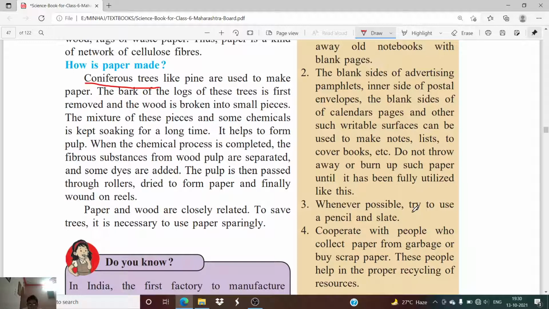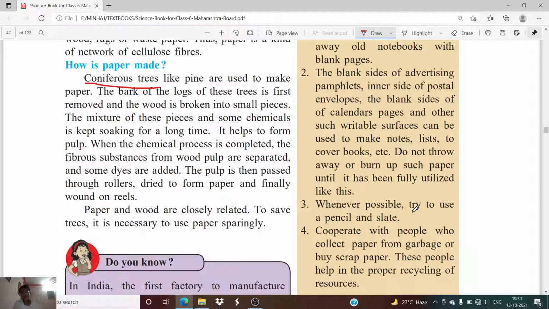Because these papers are processed again and recycled, and we get new books, new notebooks or new pages made out of these used papers. In that way fewer trees will be cut for making paper, and we can protect the environment also.